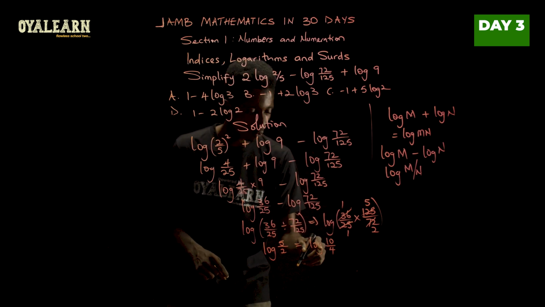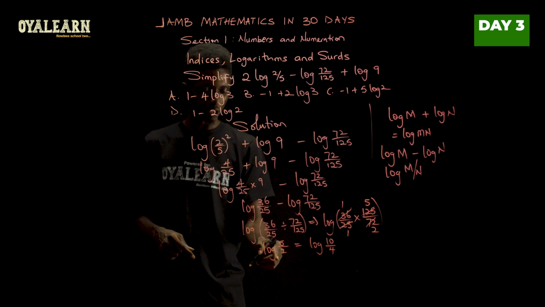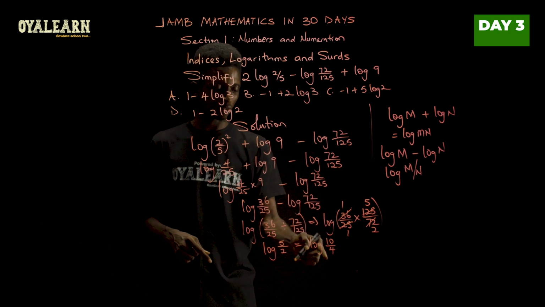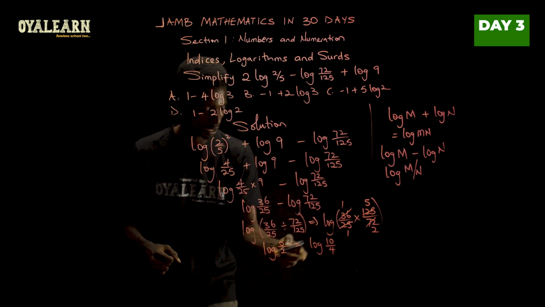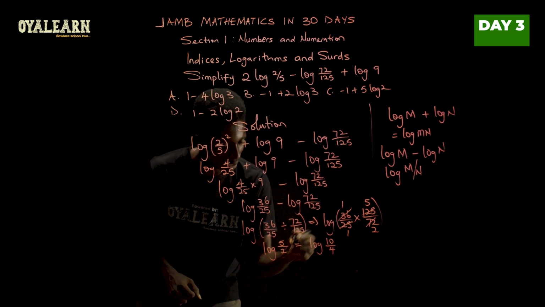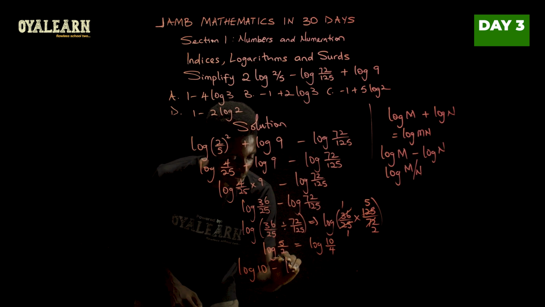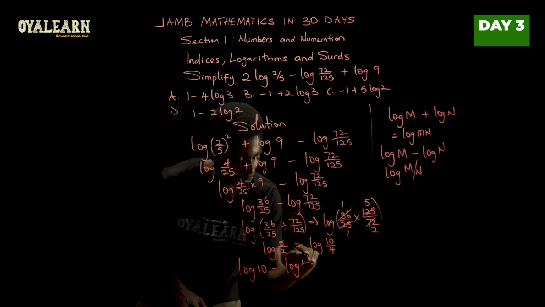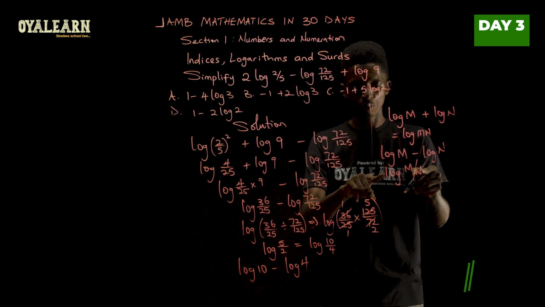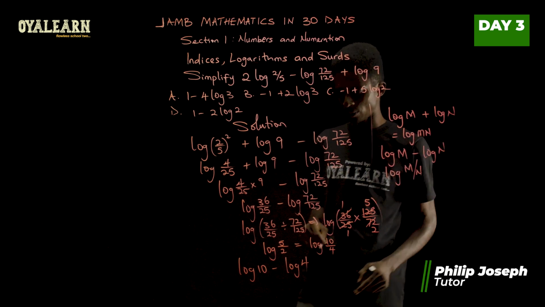So by doing so, the reason why we did this is because we want to ensure that we have base of 10. So one of them has to be 10 to make that work easily for us. So at this point, we can then have this as log 10 minus log 4, following this rule. So moving from here to here now.